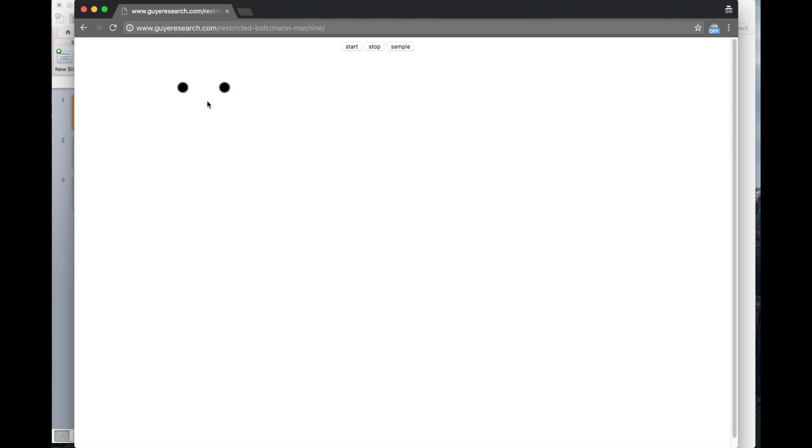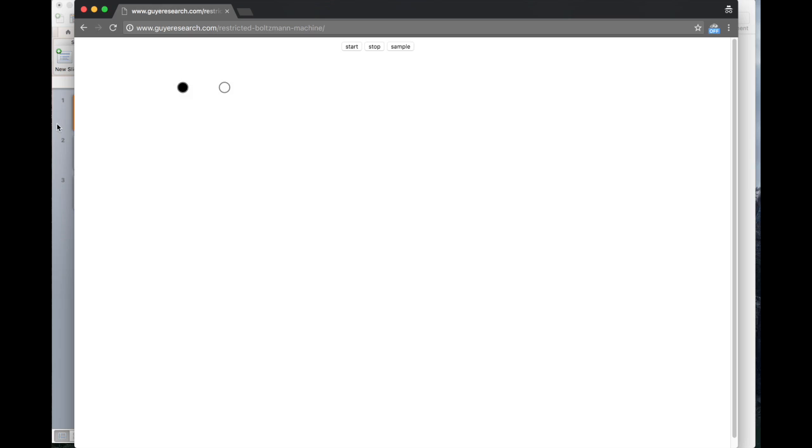In my code, I engineered them such that their chance to be on and off at any given time will be 50%. These two neurons make up a very simple Boltzmann machine that has no edges between them. They are just independent stochastic neurons with equal chance to be on and off.